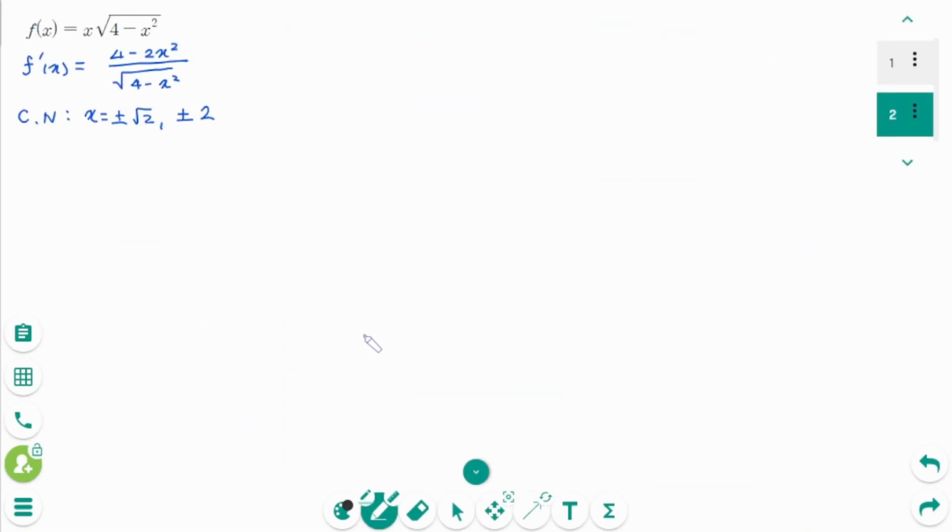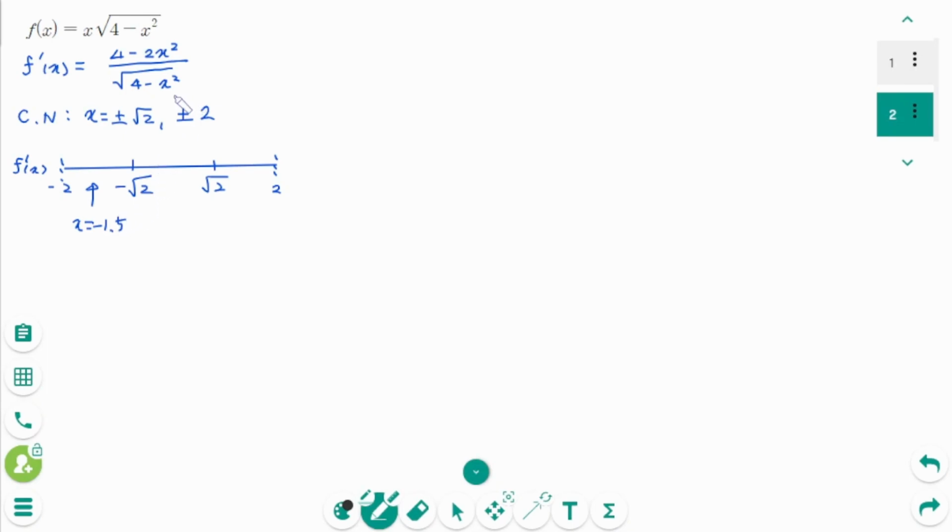Now we know f prime of x and the critical numbers. The number line is here. f prime of x between minus 2 and 2, with minus square root of 2 and square root of 2. The testing number is minus 1.5.